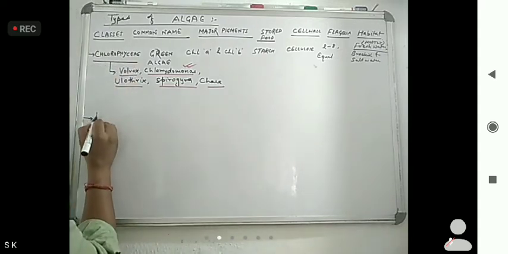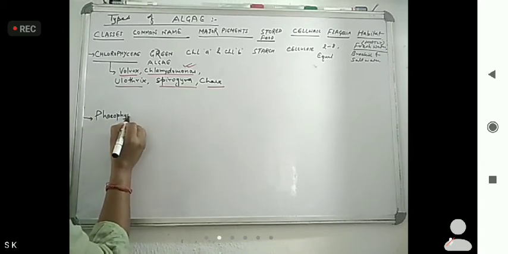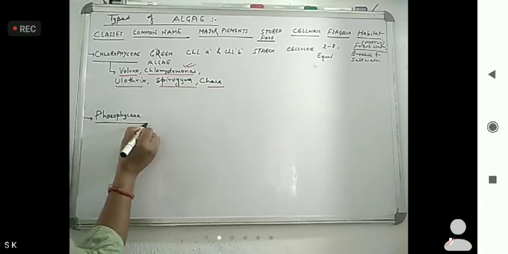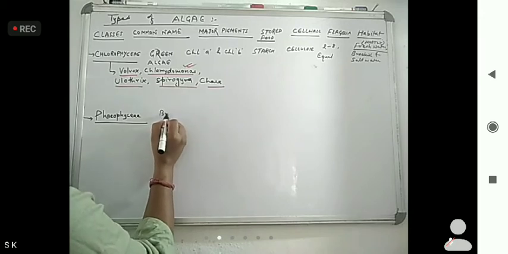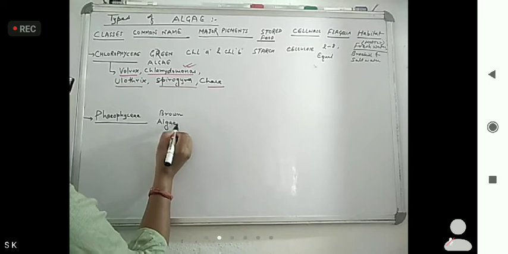Now, after that, we have to come to the second class. So the second class was Phaeophyceae. Now, this Phaeophyceae common name is what? Brown algae.